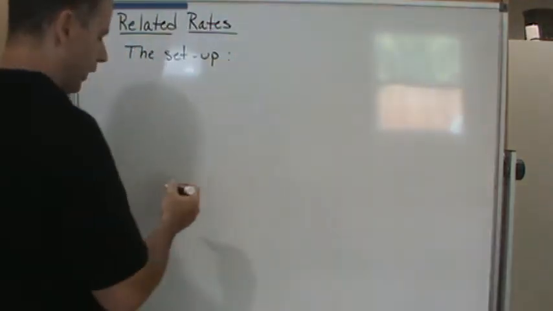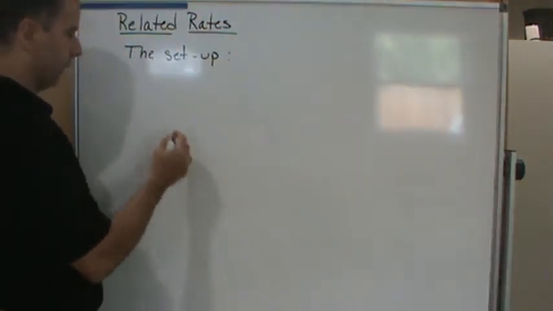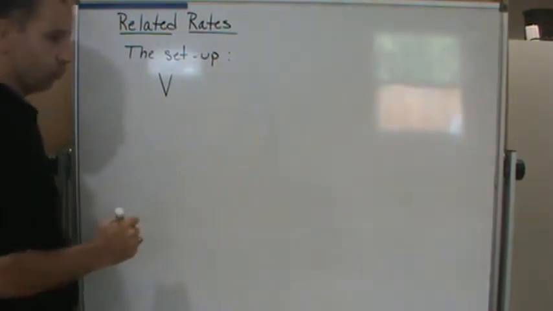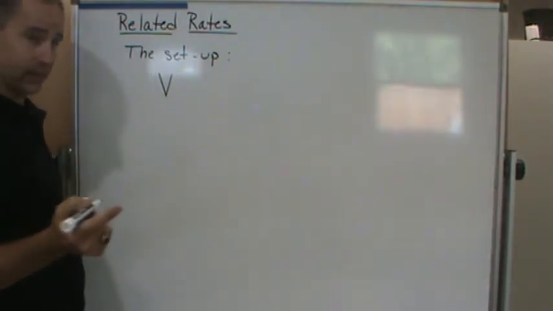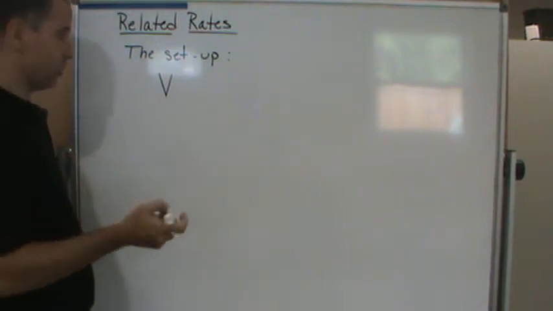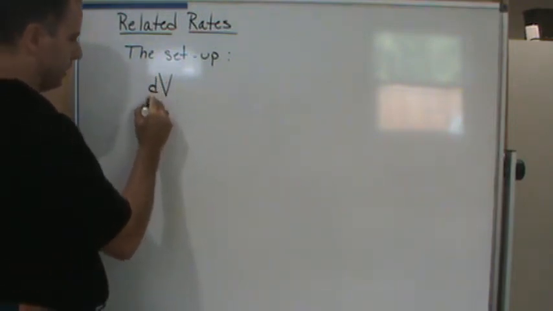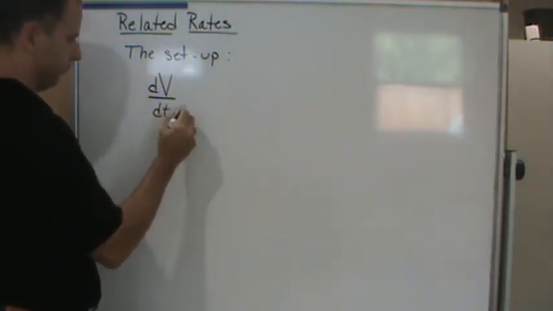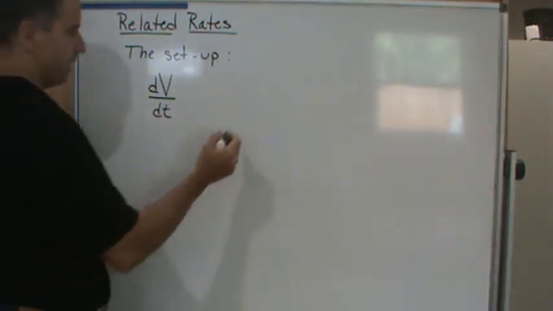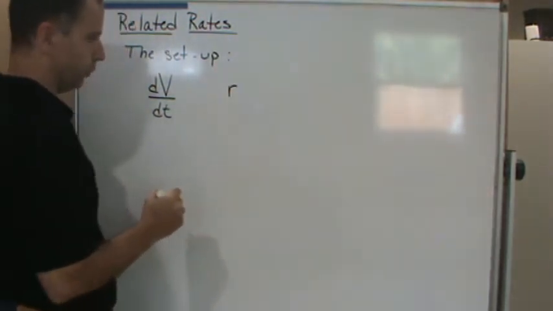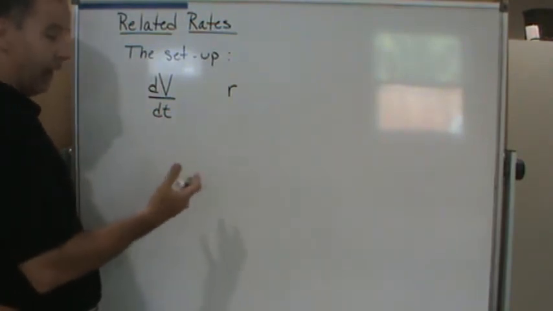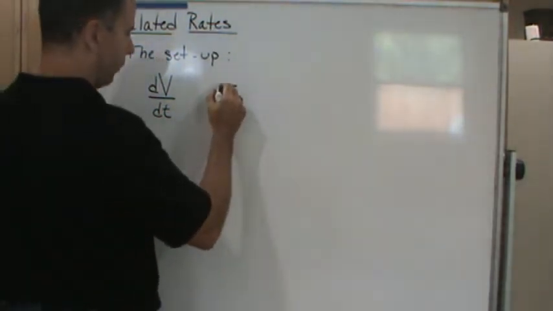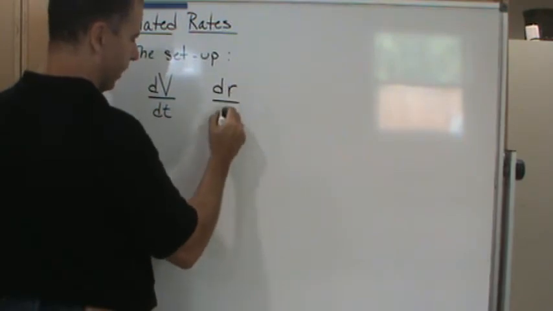If we look at the volume, volume V, the rate that the volume of the balloon is changing would be the derivative, dV/dt. And then the radius of the balloon is also going to be changing as well, which we would say is dr/dt.